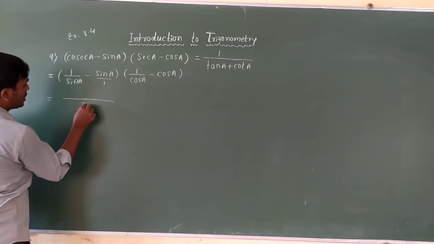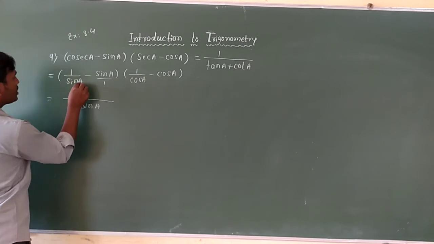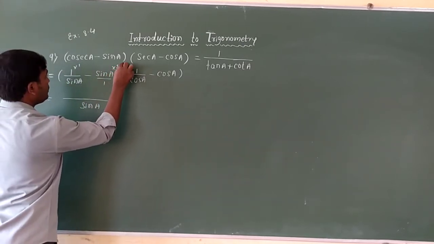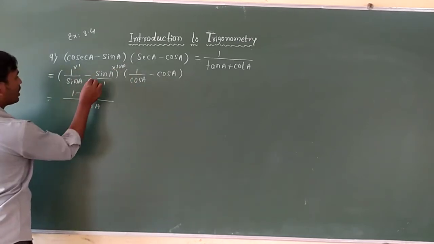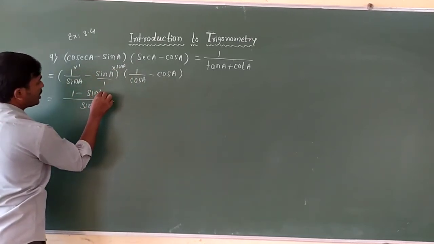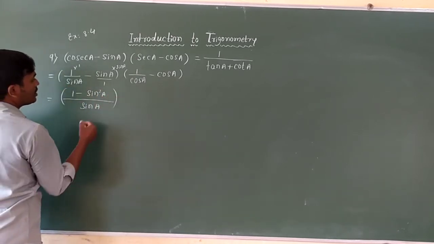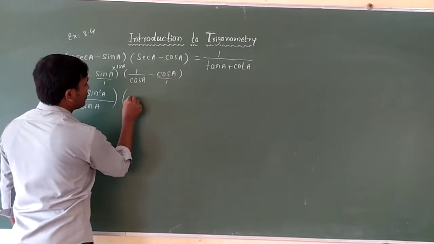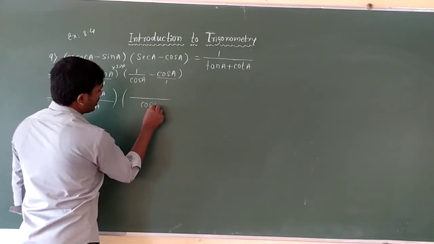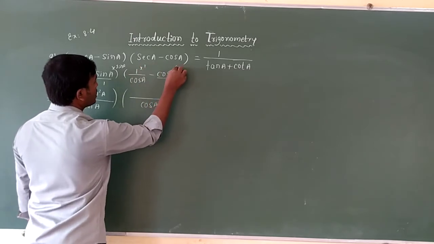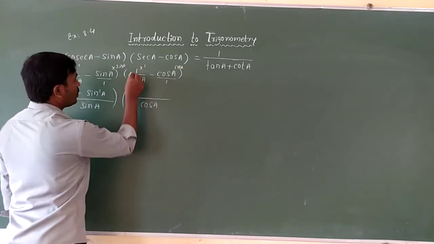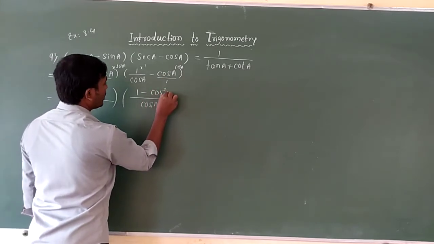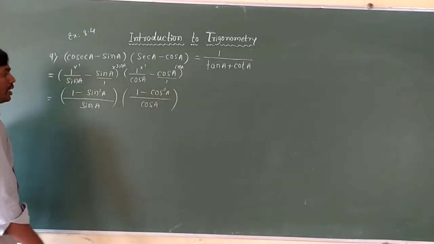Here the LCM is sin A. So 1 into 1 is 1 minus sin A into sin A is sin square A. Here also, take the LCM, which is cos A. So 1 into 1 is 1 minus cos A into cos A is cos square A.